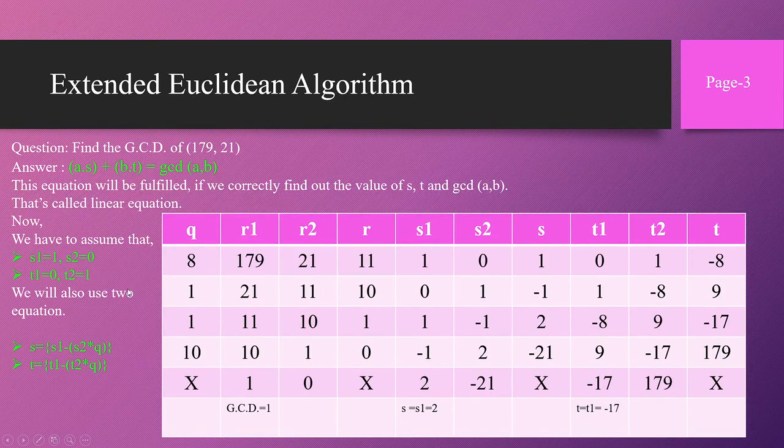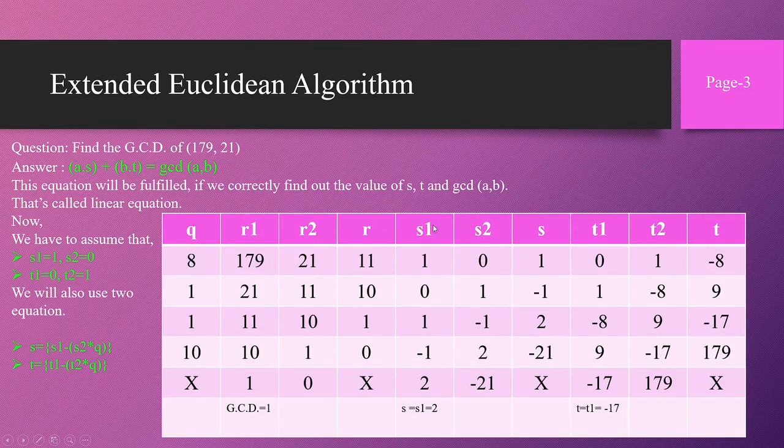In the extended Euclidean algorithm, we have to use two equations. One is S is equal to S1 minus S2 into Q, and the next is T is equal to T1 minus T2 into Q.